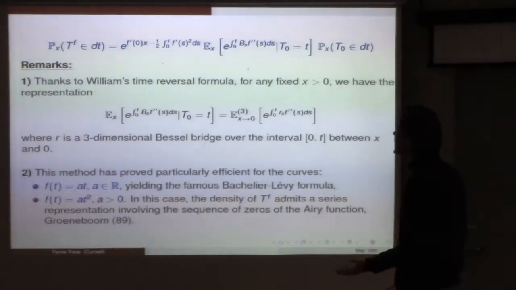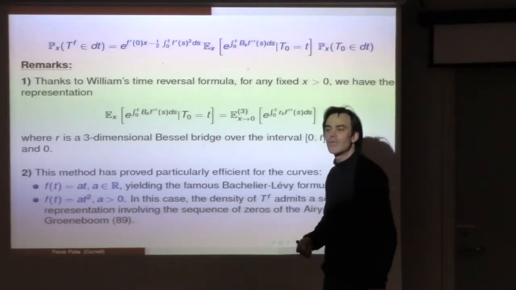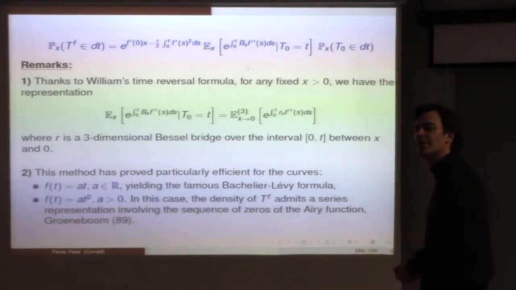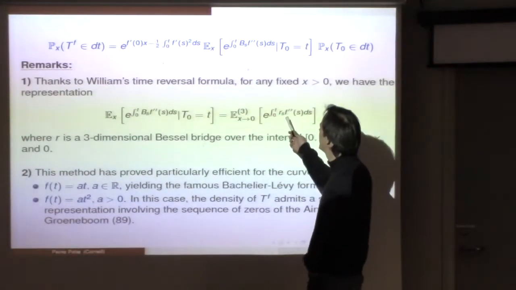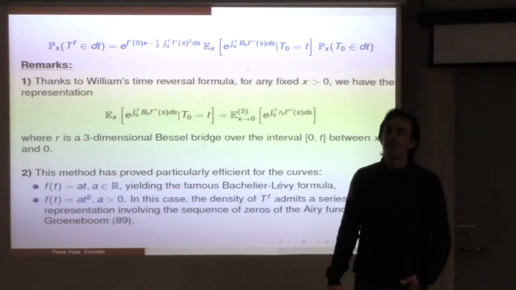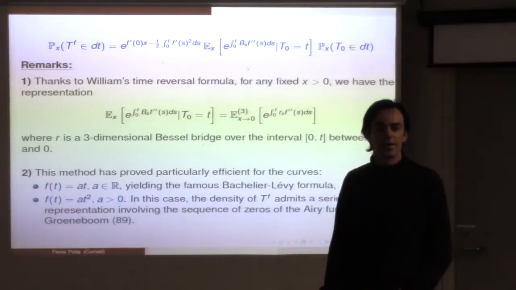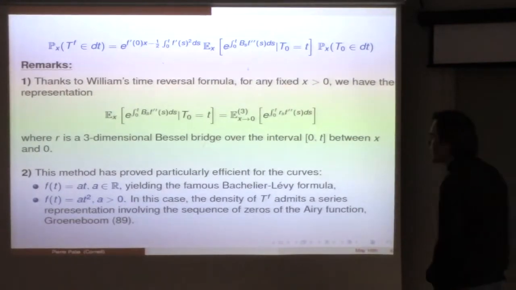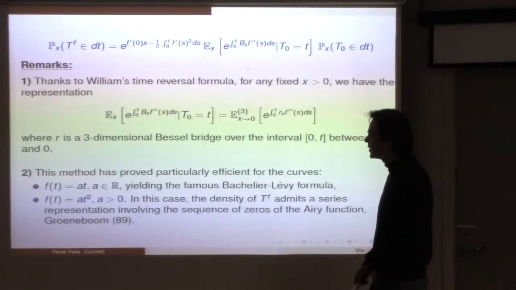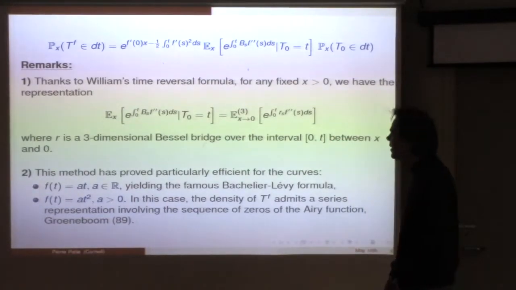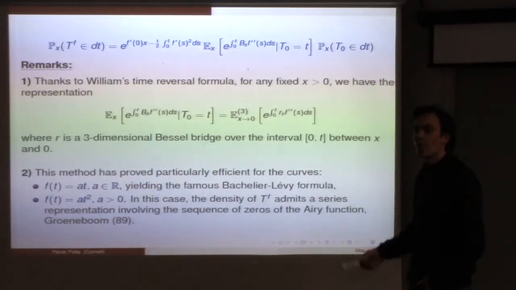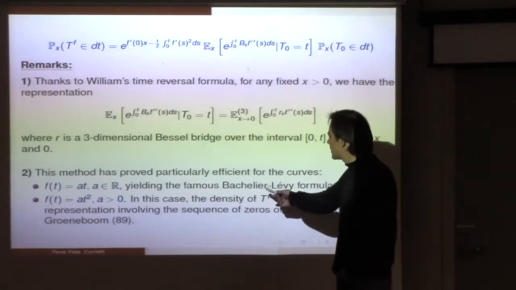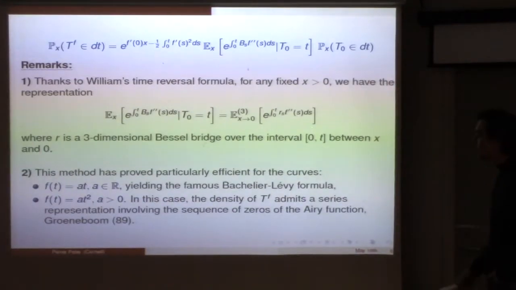Unfortunately, this type of transformation is not very useful for a calculator, but it might be useful for an approximator, I would say, because you can use a Monte Carlo method to get an approximation of this functional. And as I said earlier, the Girsanov approach gives a very simple explicit expression for the first passage time of a Brownian motion to a linear curve, which is the so-called Bachelier-Lévy formula.